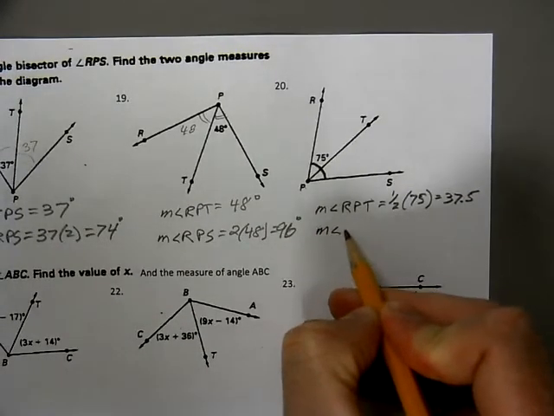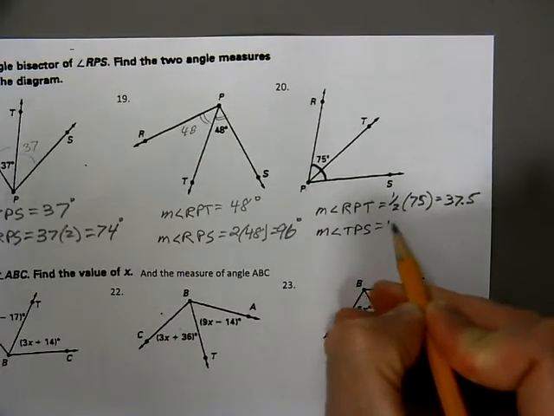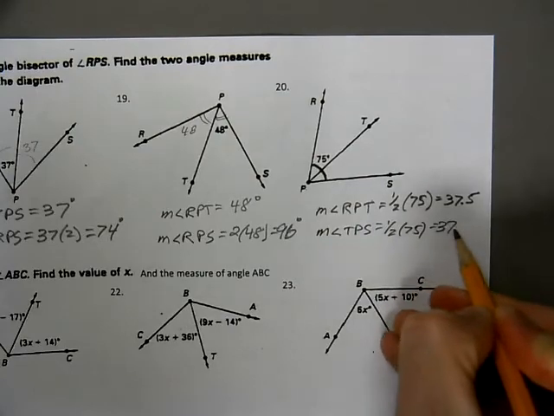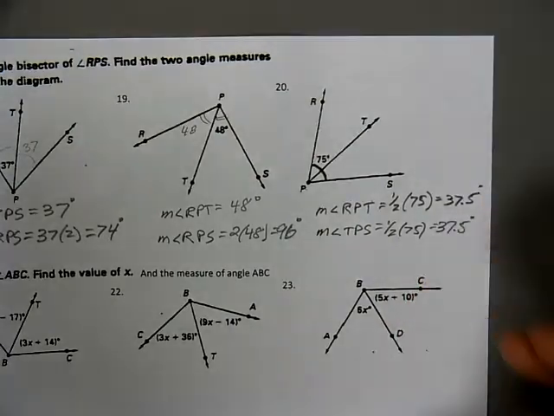And the measurement of angle TPS is also half of 75, so that's 37.5 as well. And those are degrees.